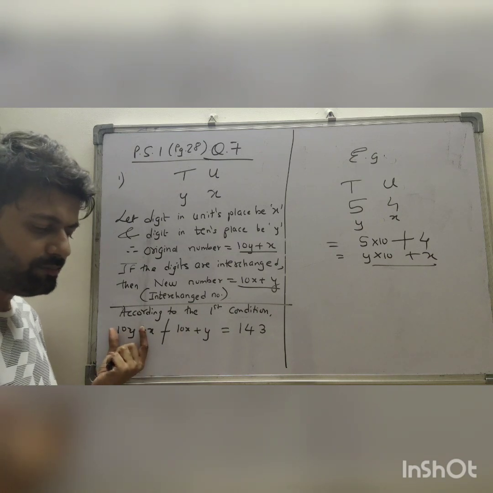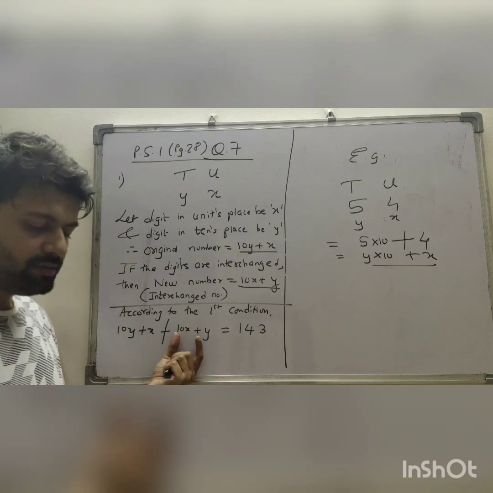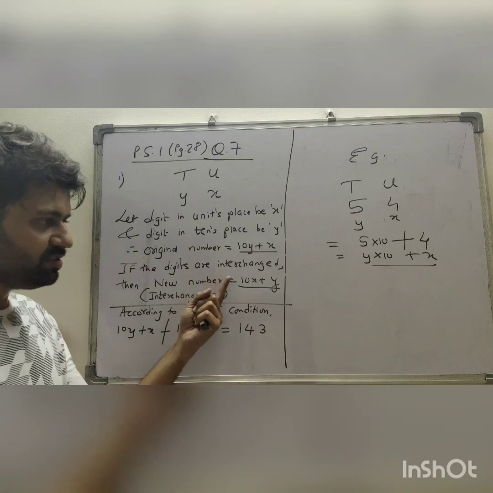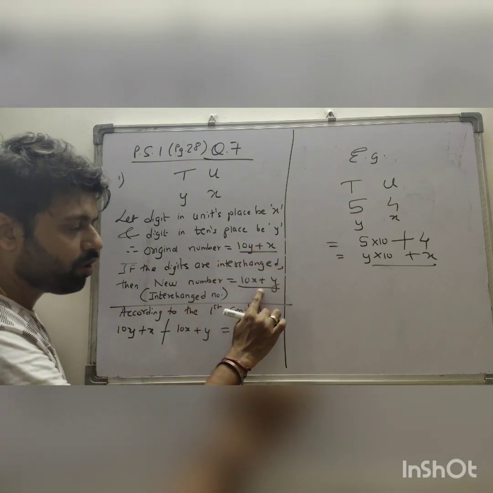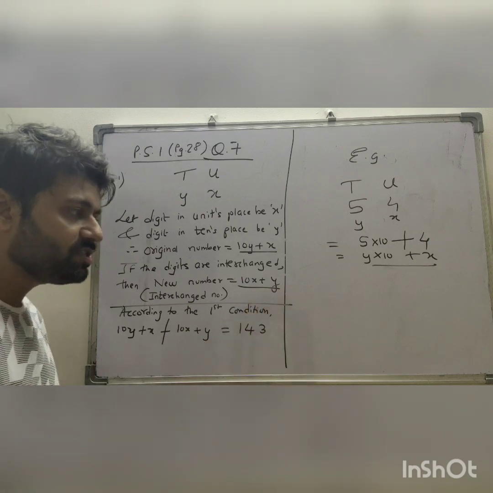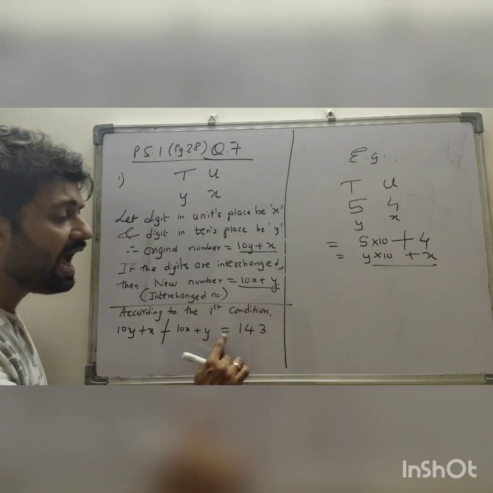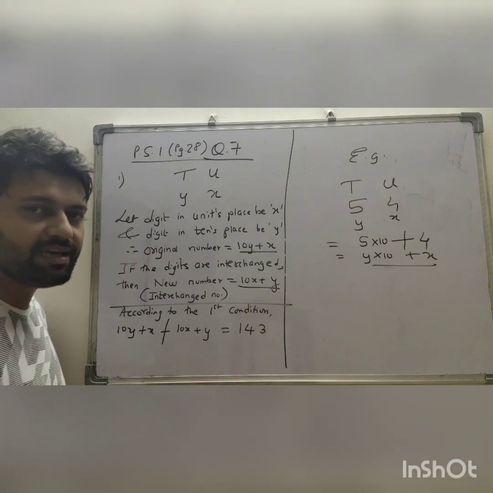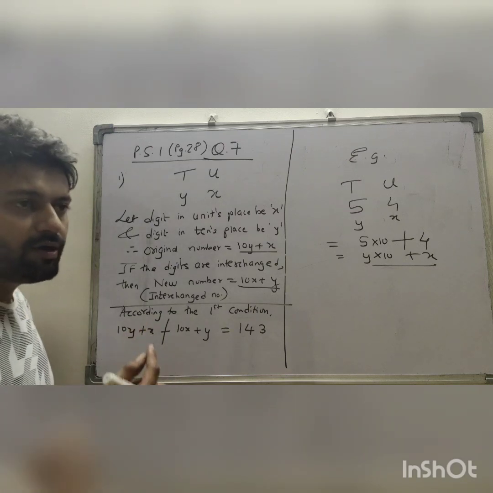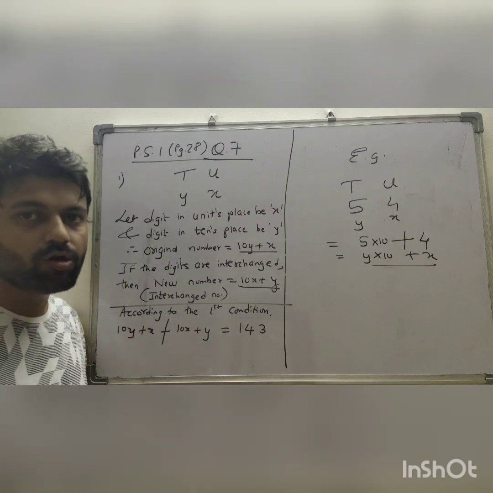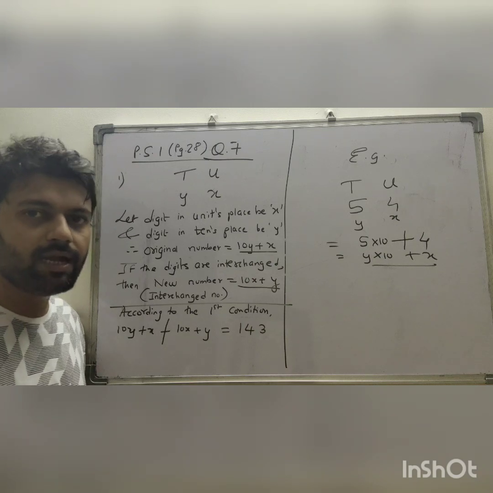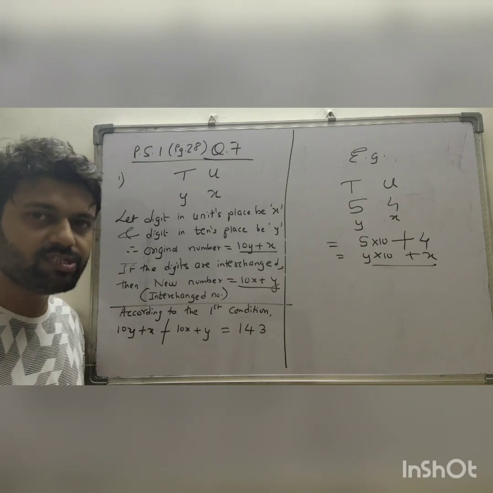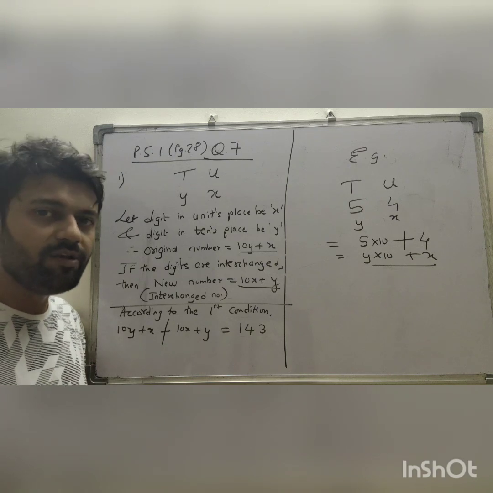They can also write it as the sum of a 2-digit number and the number obtained by interchanging the digits is 143.